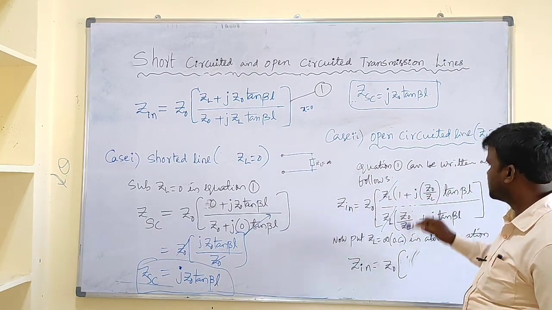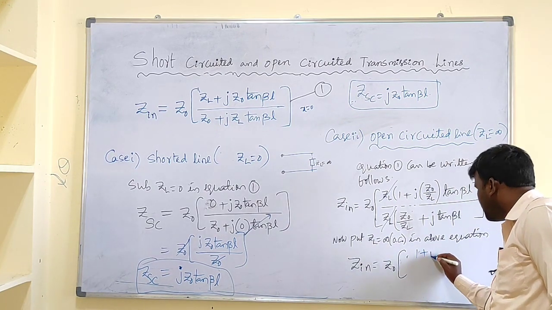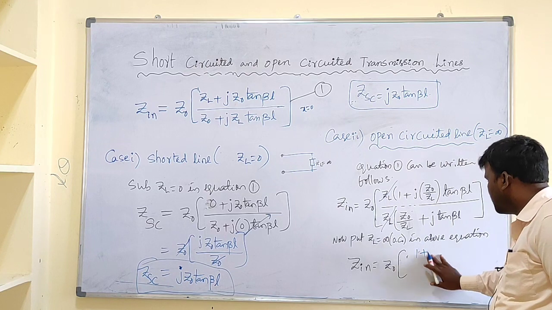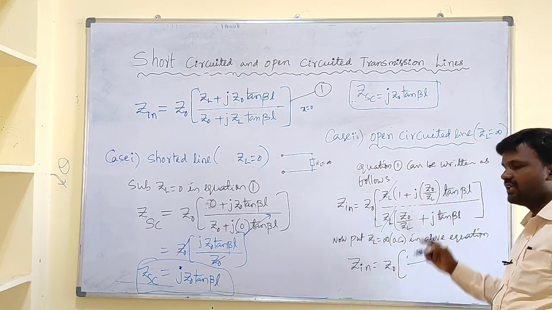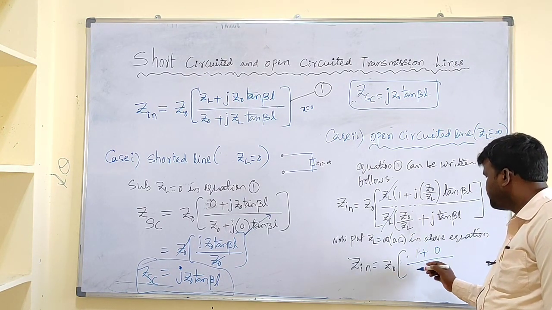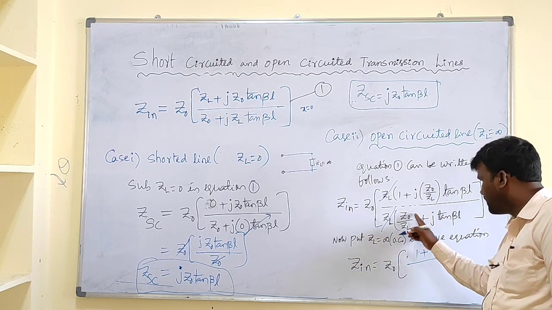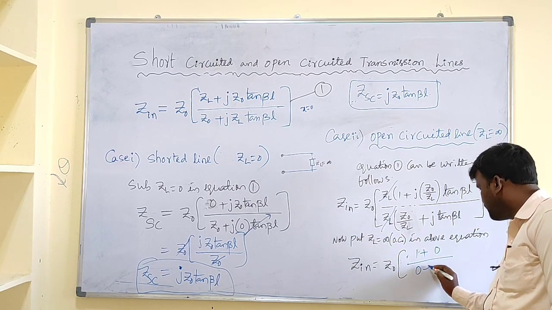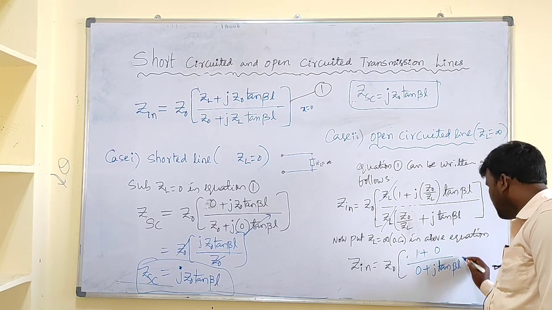Remaining is 1 by J, or else something by infinity, that is 0. ZL is infinity, so J into Z0 tan beta L by infinity gives 0. Here we got J into 0, that is 0. So Z0 by ZL, something by infinity, is 0, leaving J tan beta L.